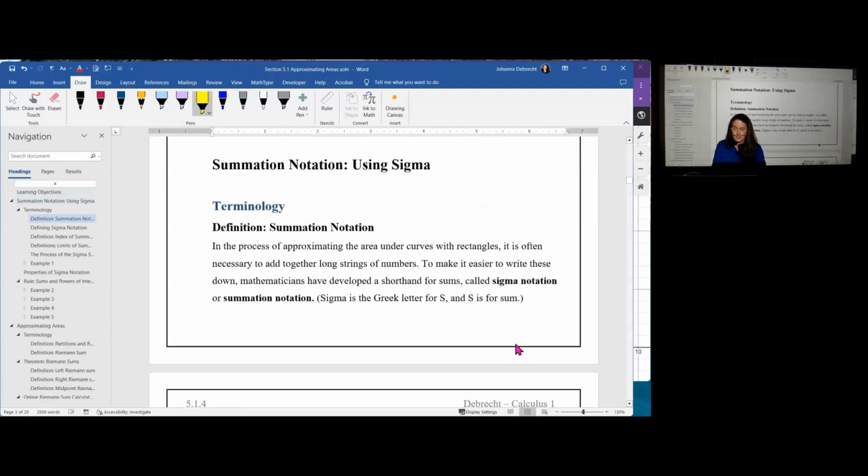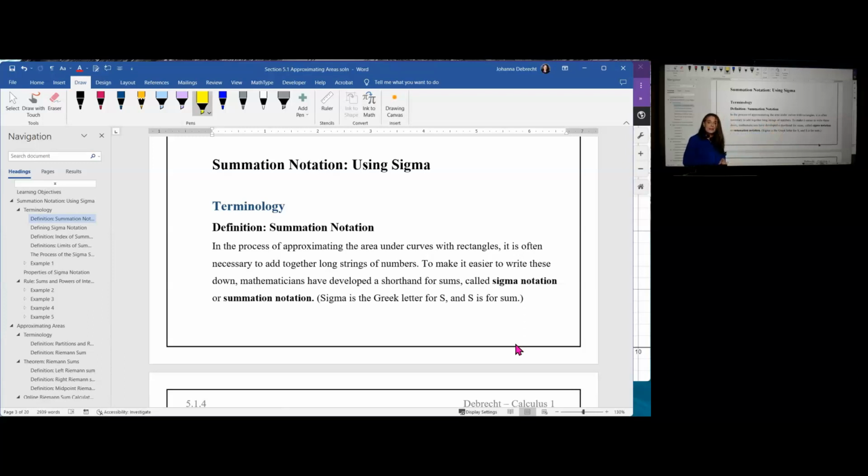Let's talk about what's called summation notation. We use summation notation because, frankly, trying to find the area of 32 rectangles is a lot of busy work. So we use sigma notation to help us speed up that work. Sigma is a Greek letter, as we saw in the last section when we studied the indefinite integral, and it represents, in this case, a sum.